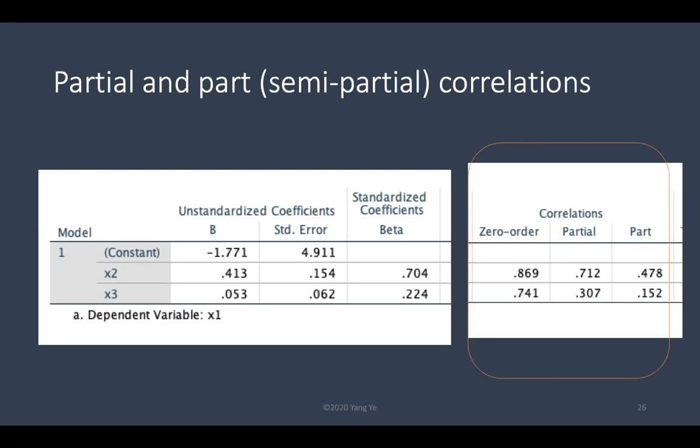But for x2, the decrease from zero order to partial correlation is smaller compared to x3, where the correlation went from 0.74 to 0.30, which means something happened in the partial correlation, and we know that something is because now you've started to control for x2. But there's also part correlation, which is even smaller than partial correlation. So what are partial and part correlation?